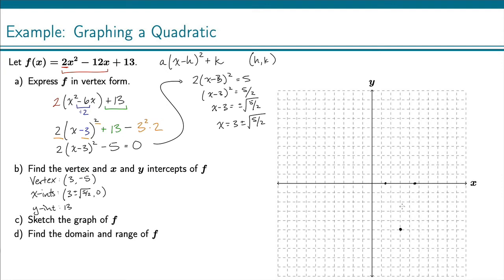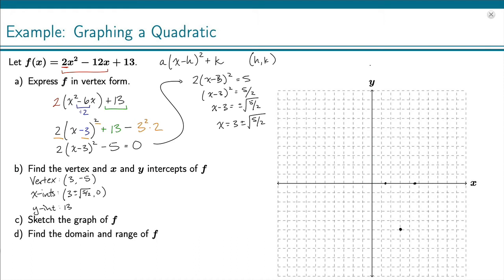And then of course our y-intercept is up at 13, which I think is off this graph. 1, 2, 3, 4, 5, 6, 7, 8, 9, 10, 11, 12, 13, all the way up here. And then we're ready to graph our parabola.